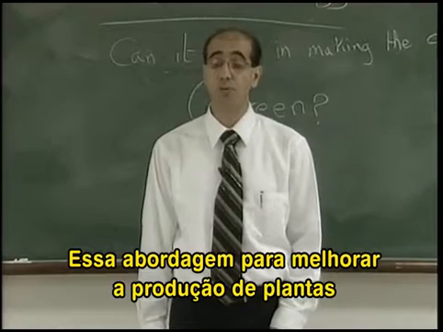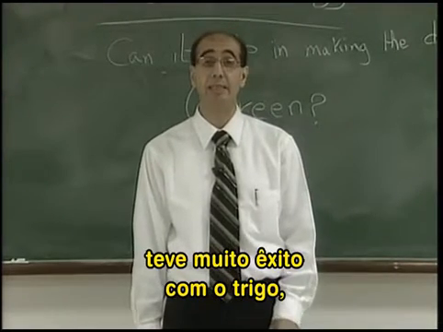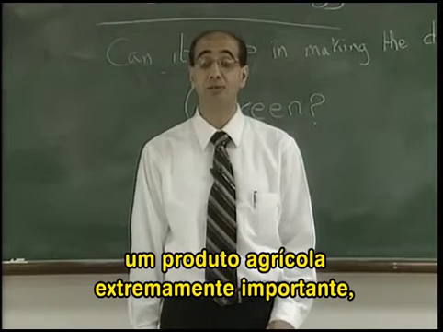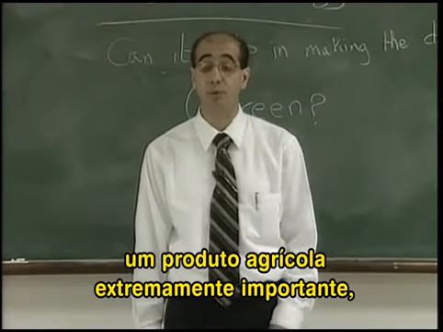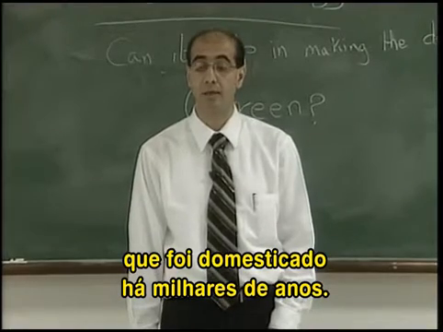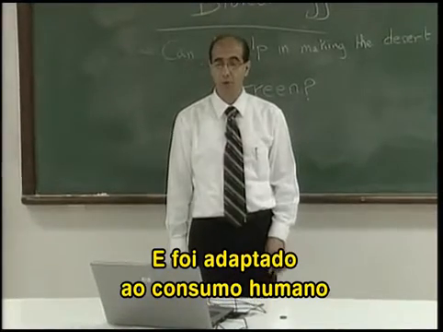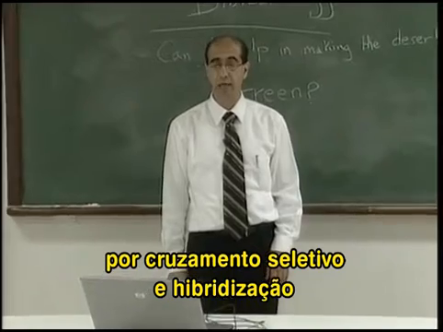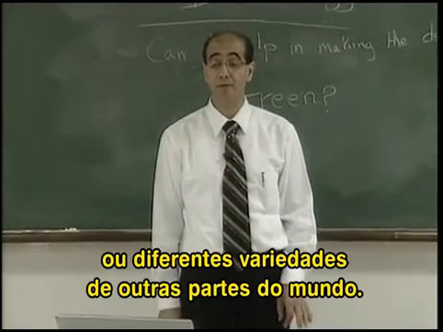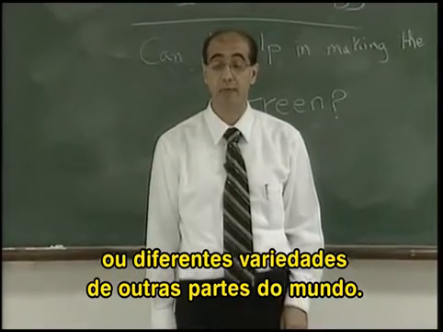This approach to improve crop production has been very successful with plants like wheat, which is an extremely important agricultural commodity that has been domesticated for thousands of years and was made suitable for human consumption by selective breeding and hybridization with other closely related species or with different varieties from different parts of the world.